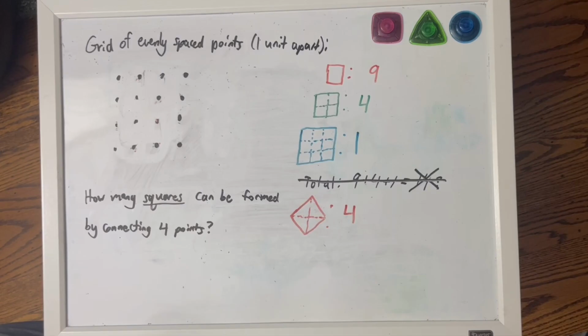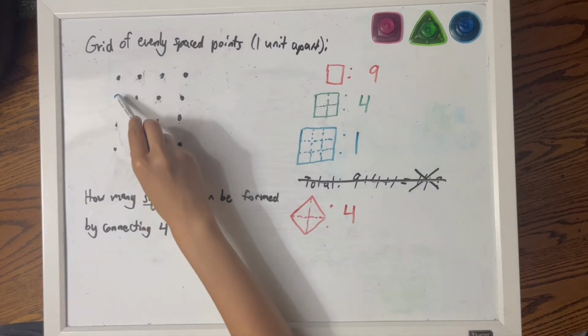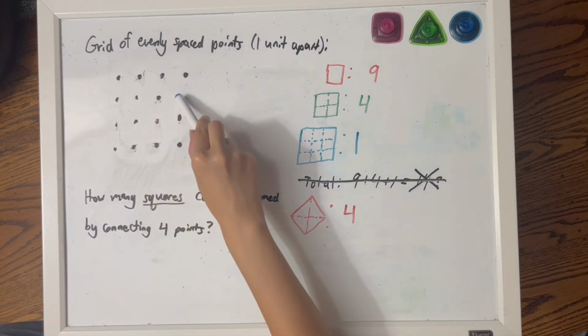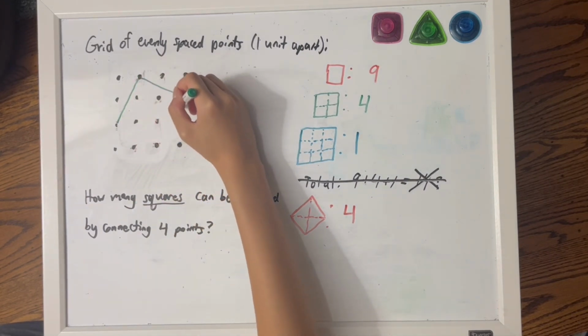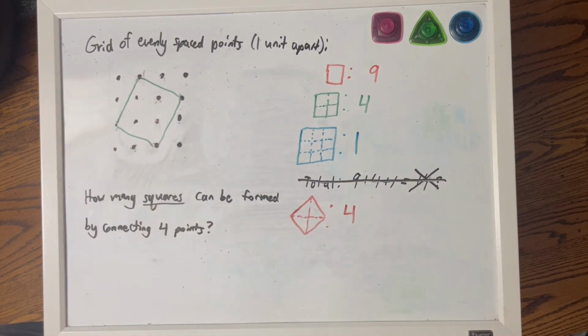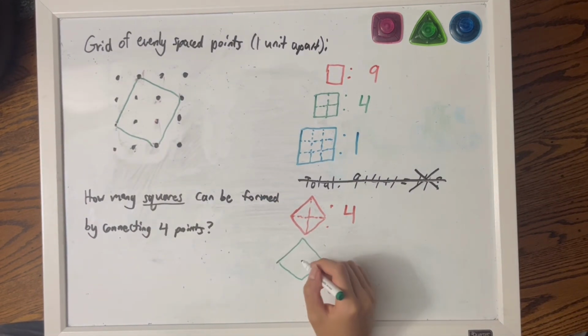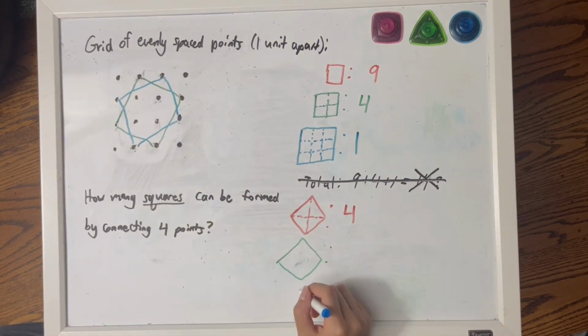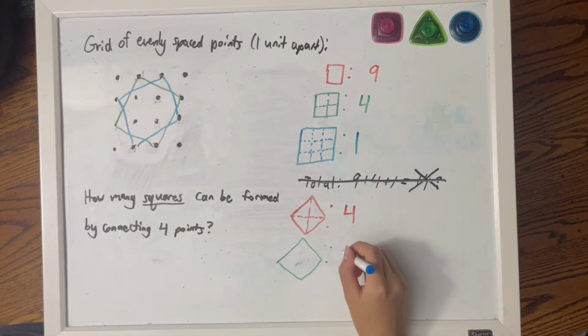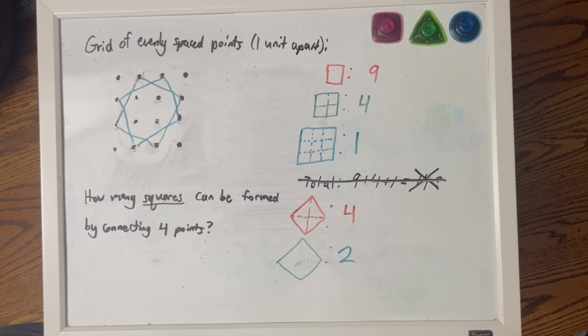If we check through every possible side length of square, we'll find that there's actually another one we missed. This square is weird. It's like a diagonal square. It's not even like a diamond. It's just a diagonal square. So there's actually 2 of these as well. And again, it's a square because all the side lengths are the same length and the angle is 90 degrees.